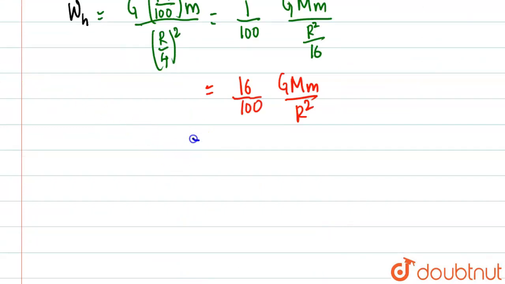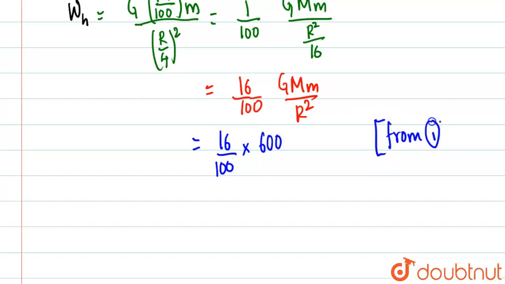So we get 16 by 100 into 600. Now we cancel the 100 with 600, leaving 6, and 16 times 6 is 96 Newton.